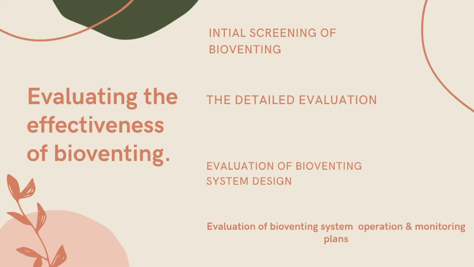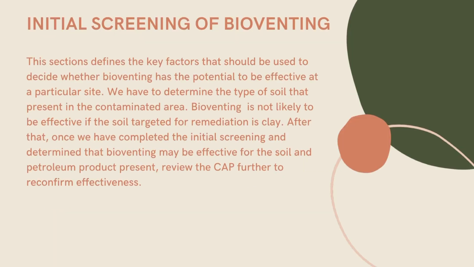In evaluating the effectiveness of bioventing, there are a few aspects that we need to consider. First is the initial screening of bioventing, the detailed evaluation, the evaluation of bioventing system design, and the evaluation of bioventing system operation and monitoring plans. First of all, we have to do the initial screening of bioventing effectiveness.